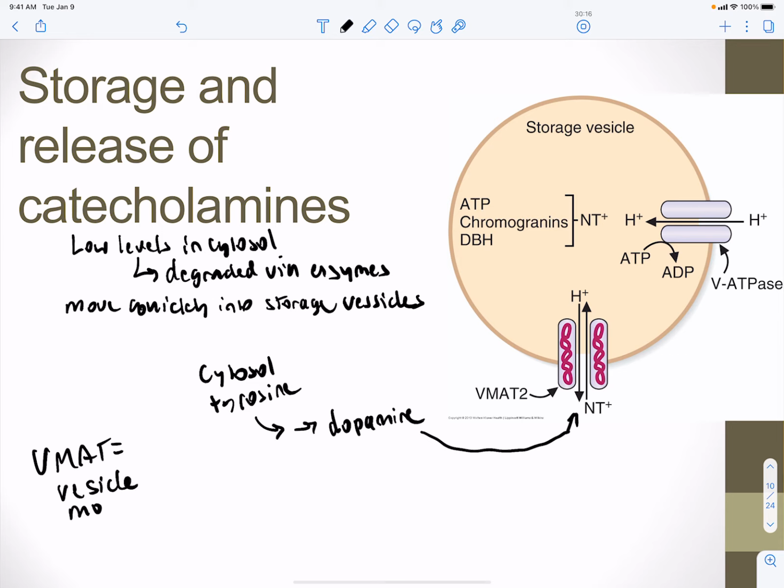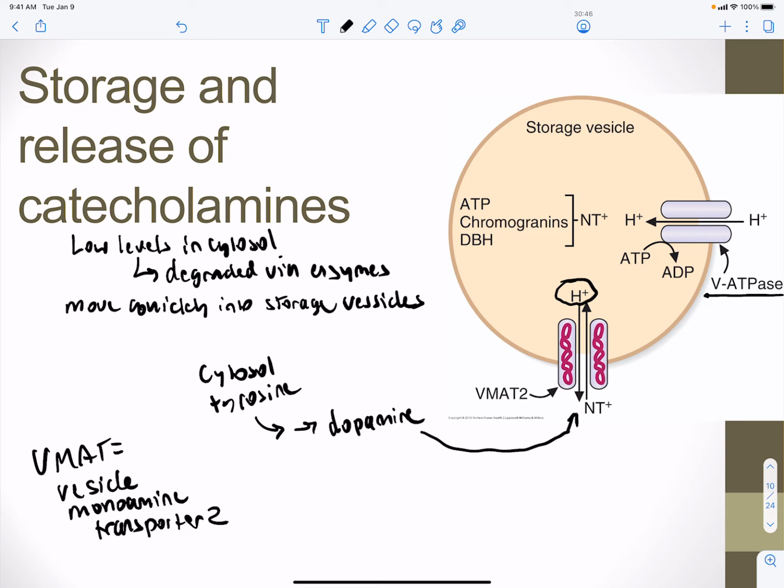And then you can see this is in exchange for hydrogen. And so associated with this, of course, is going to be an ATPase pump. So we have our V-ATPase pump. The V stands for vesicular, if you remember from Biochem 1.